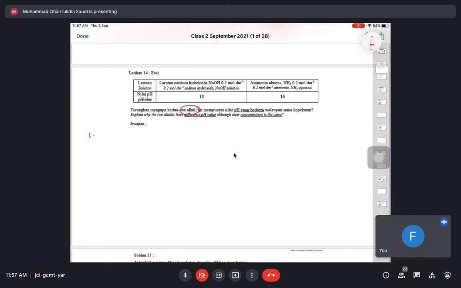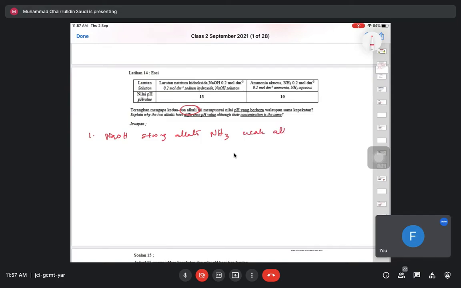Point number 1: you are talking about which one is strong alkali, which one is weak alkali. Yes, the sodium hydroxide solution is a strong alkali, while ammonia is weak alkali.